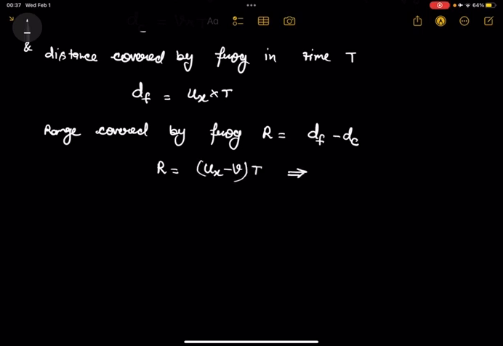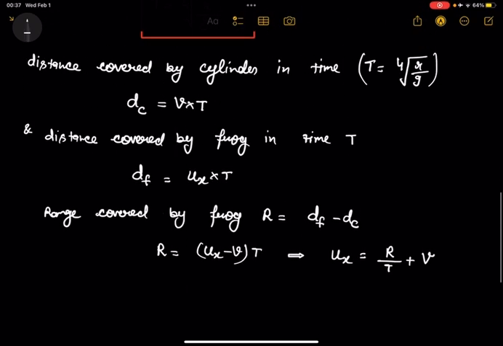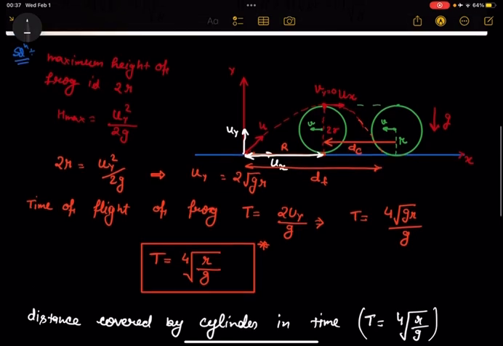Finally, with the help of this, we can say that ux is equal to r by t plus v. So finally, you can calculate the velocity along the x direction in terms of range, time of flight and velocity.